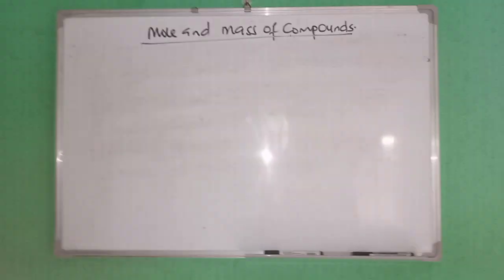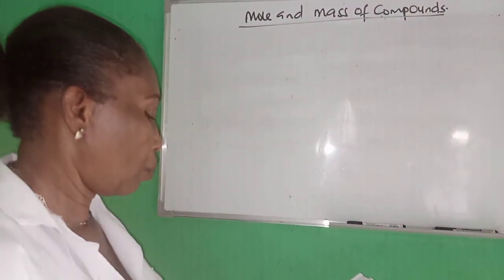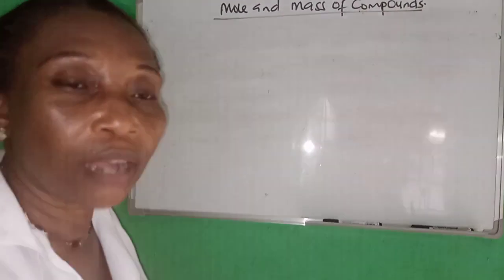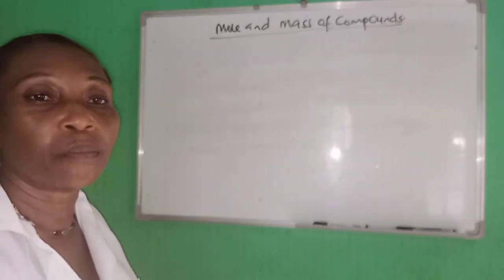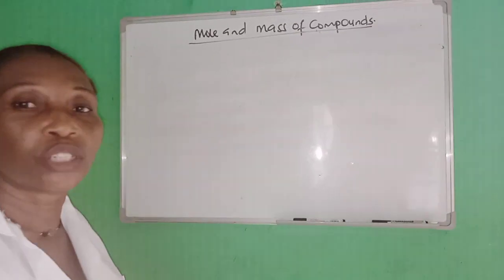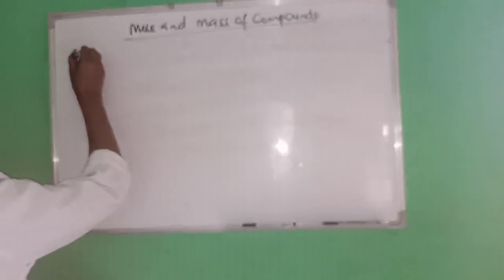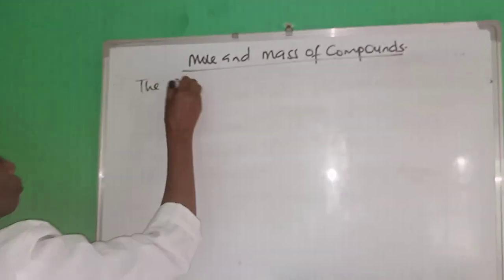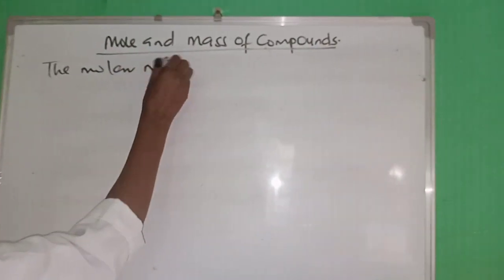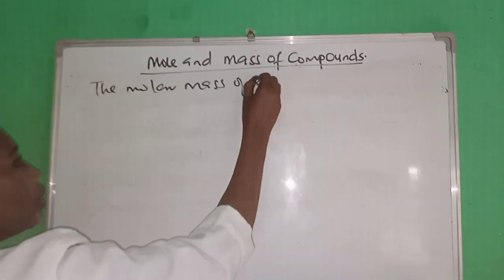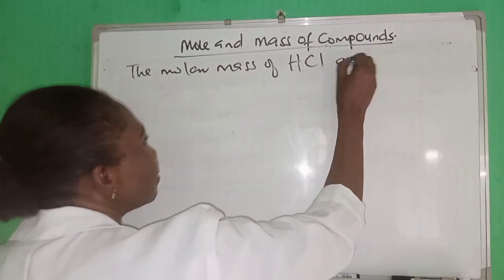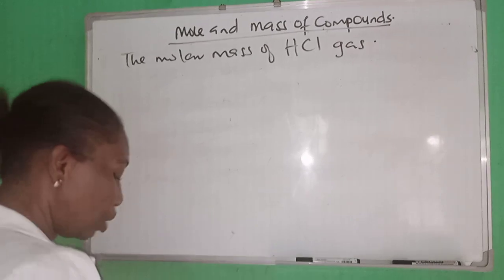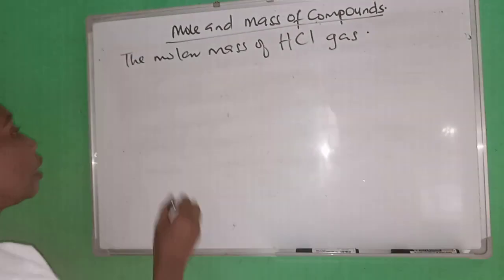So, for example, if we are to calculate the molar mass of hydrogen chloride gas, how do we calculate it?